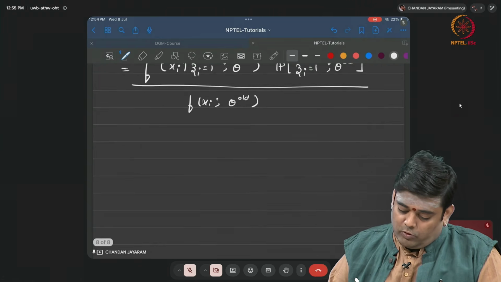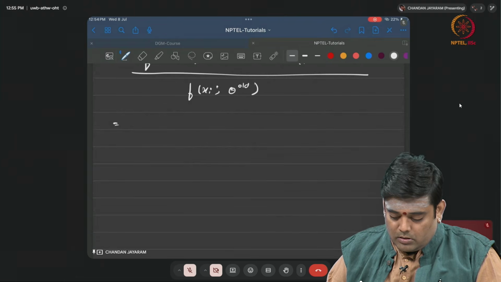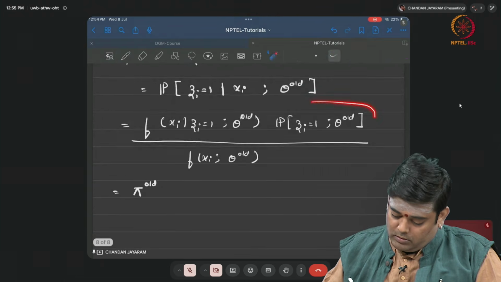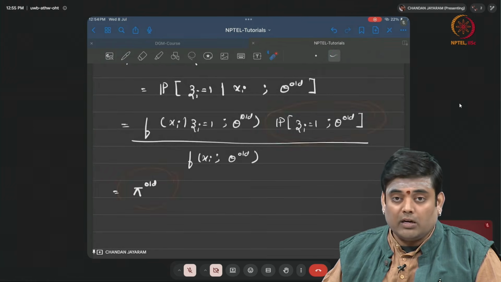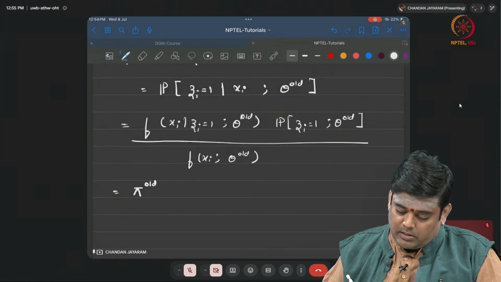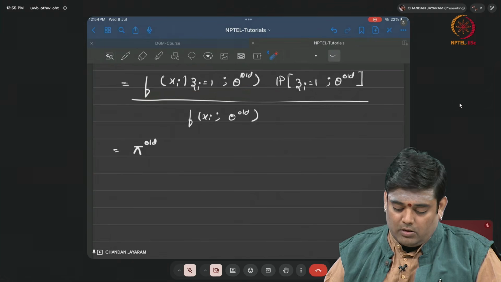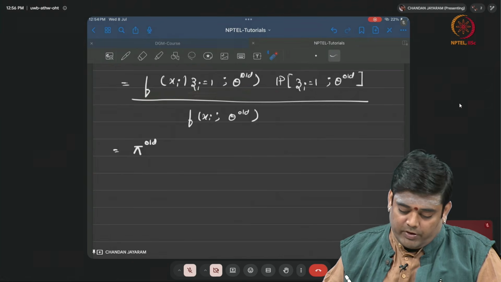I assume that those basic ideas are crystal clear. So now what value will it take? This is pi old, because of Zi taking the value 1. And now, given it is from component 1, beta 1 will be the parameter.